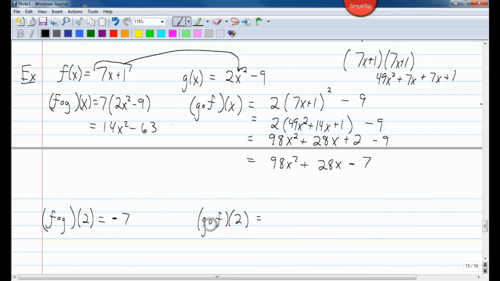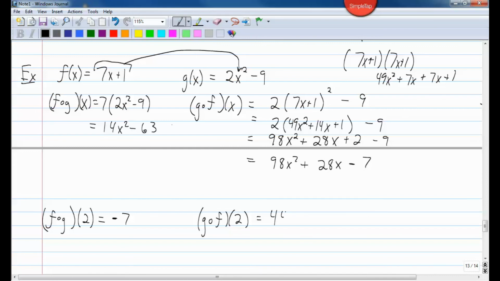Now to find g of f of 2, you take the 2 and you plug it into every x. Alright, so I'll use the calculator to do this real quick. That'll be 98 times 2 squared is 4, so 98 times 4, and then plus 28 times 2 is 56, so plus 56, and then don't forget minus 7.